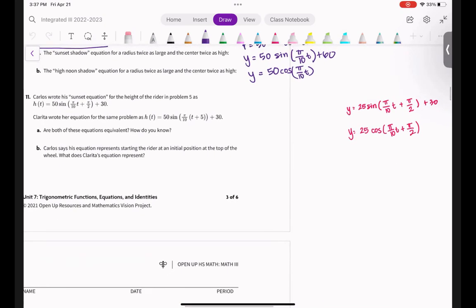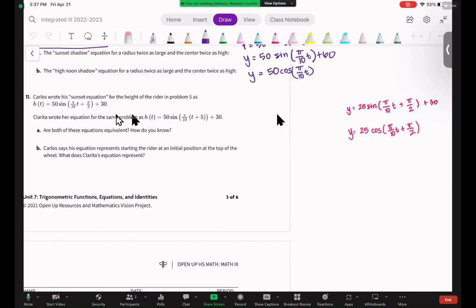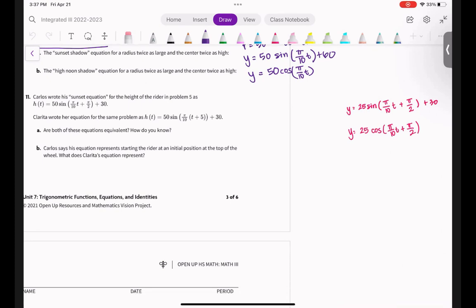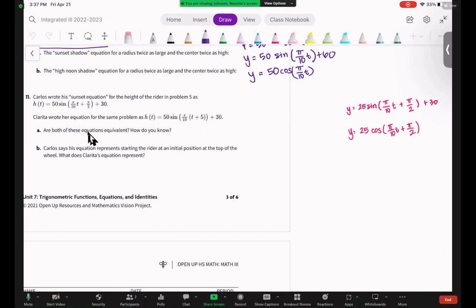Can you compare your equation to Carlos's? Are both of these equations equivalent? 50 sine pi over 10t plus pi over 2, we got that, plus 30. Are those going to be the same? Are these two equations the same?